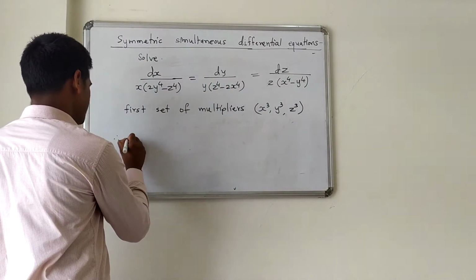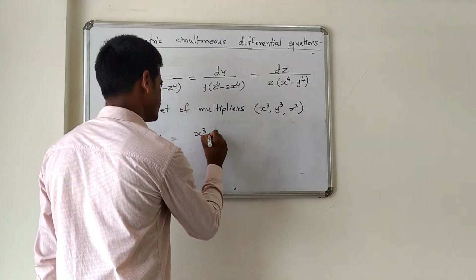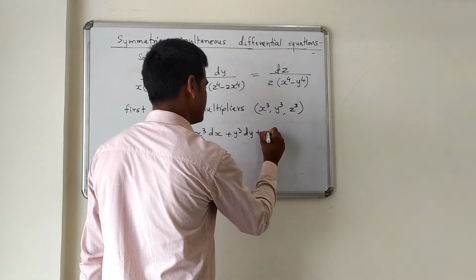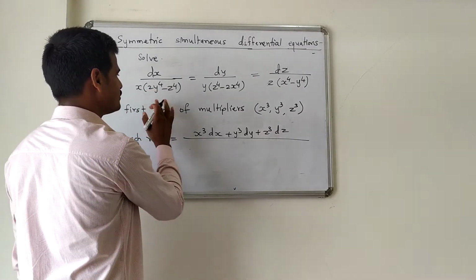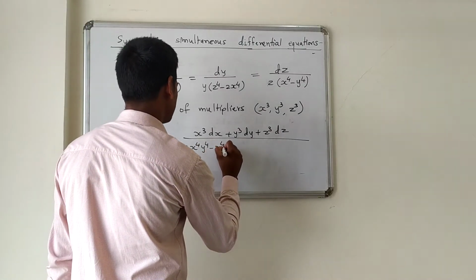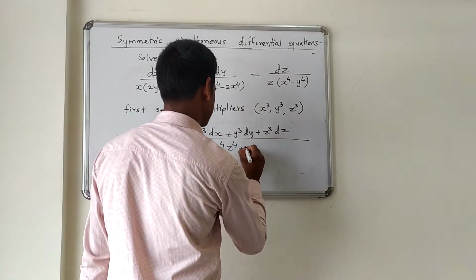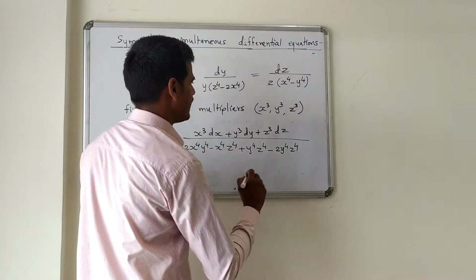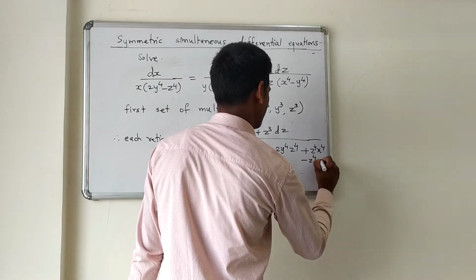Therefore each ratio is equal to, the numerator, x cube dx plus y cube dy plus z cube dz, upon, now multiply the denominators by x cube, y cube and z cube: 2x^4 y^4 minus x^4 z^4, then plus y^4 z^4 minus 2y^4 x^4, and the last term, plus z^4 x^4 minus z^4 y^4.